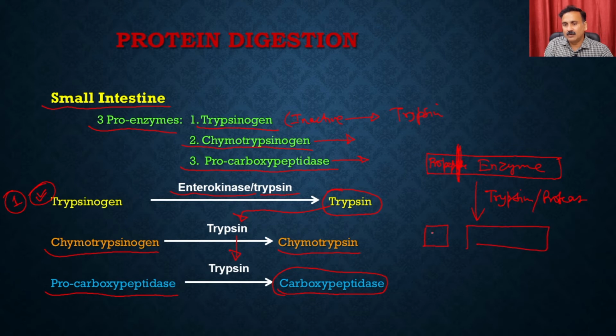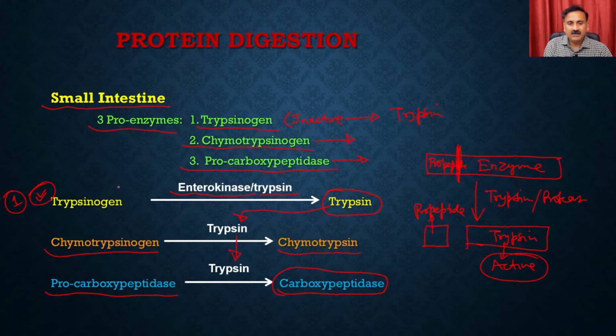One is the propeptide, and the other is the active enzyme, like the trypsin, and this trypsin is now active. So this is what is called activation, and that's why this is regulated by the amount of enterokinase or trypsin which is present in the small intestine.